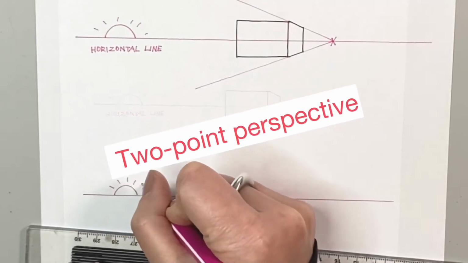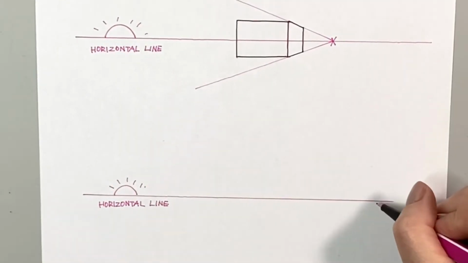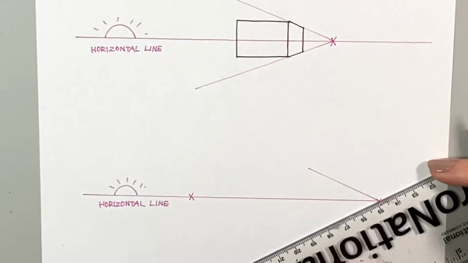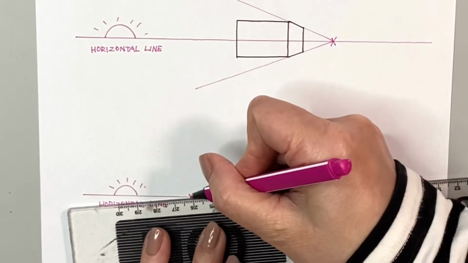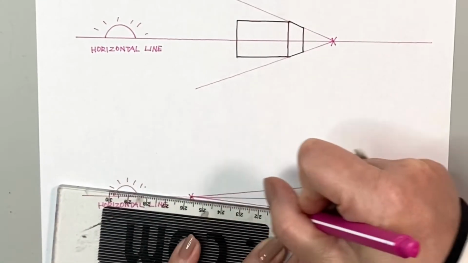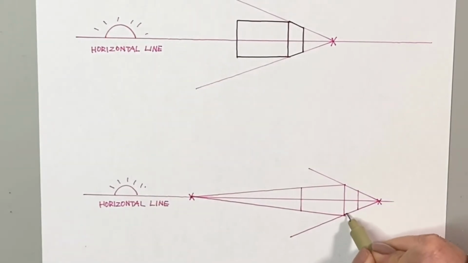Let's move to 2 point perspective. Horizontal line first, and we're going to make 2 points, one on each side of the horizontal line. The difference between these two is that when you draw the box, you will see the second one, with 2 point perspective, the front side of the box is not rectangular.